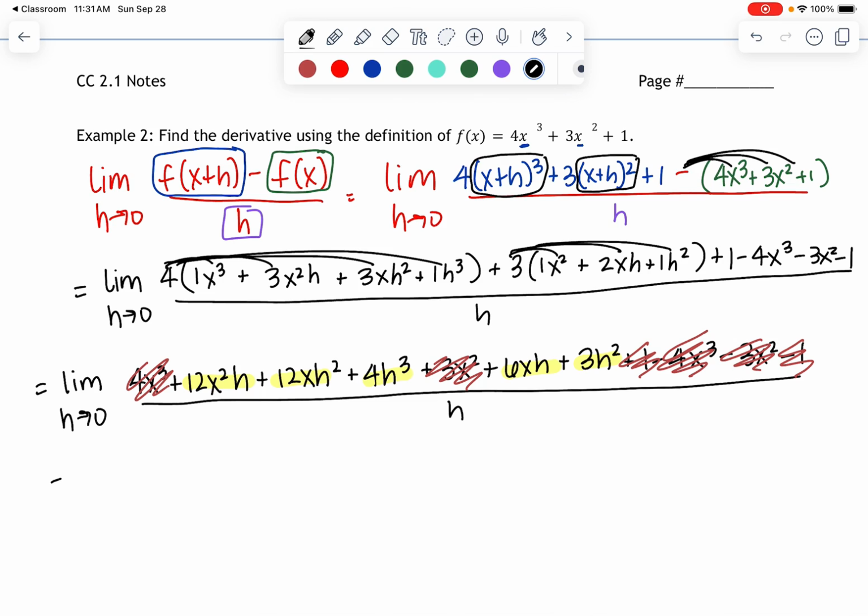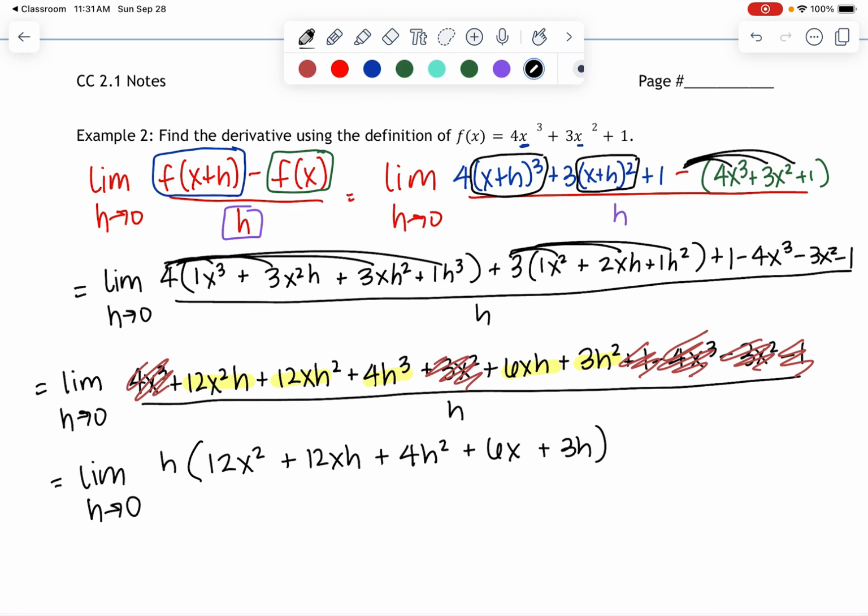So I'm going to factor out an h next. The limit as h approaches 0 of h times quantity 12x squared plus 12xh plus 4h squared plus 6x plus 3h, all over h. And then I'll cancel all those h's.